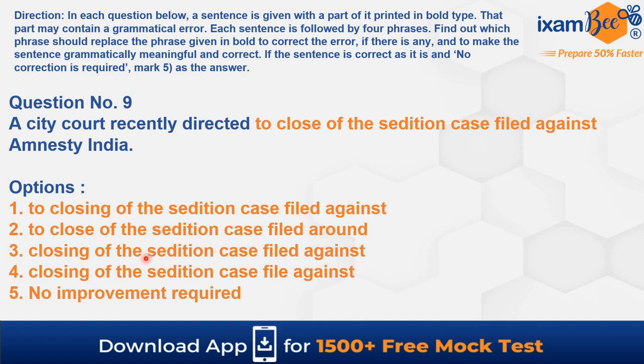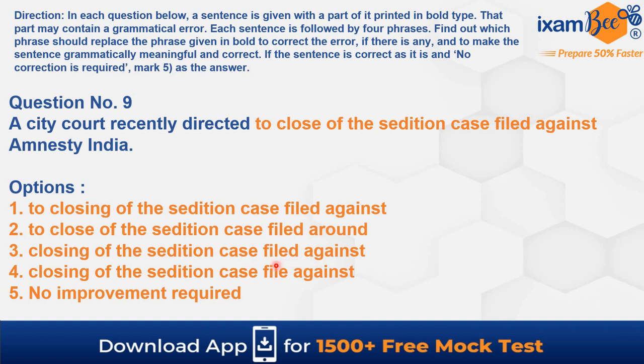So there are two ways. Either you can say that directed to close the sedition case, or you can say directed what? Directed closing of the sedition case. So we can use a gerund here as well, because gerunds act like nouns, right? So closing of the sedition case, then what? The difference is here.